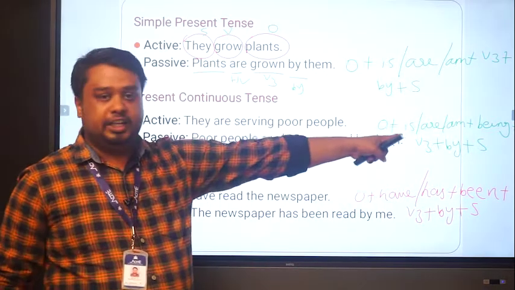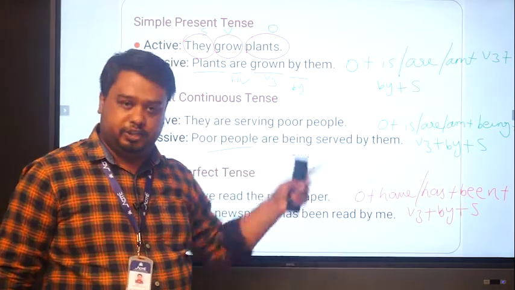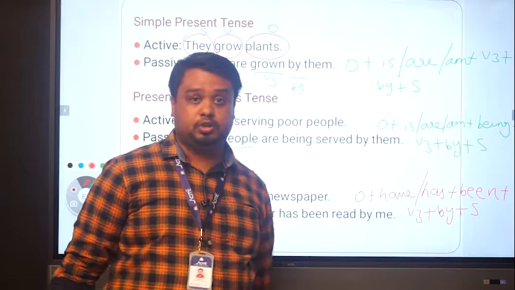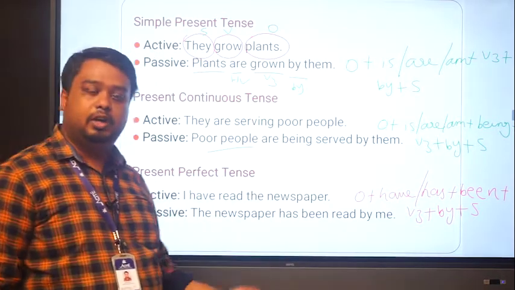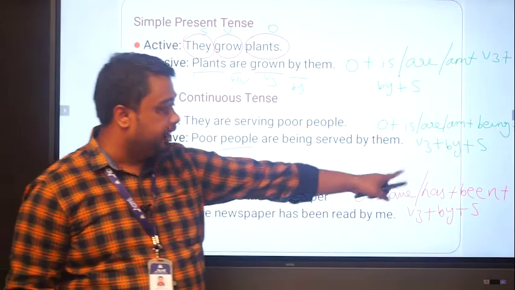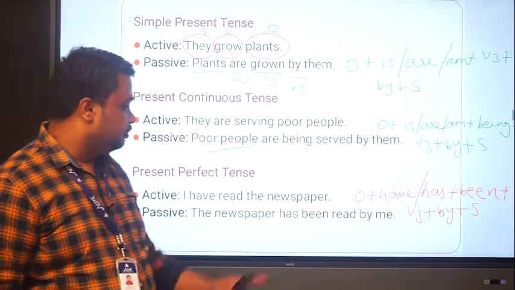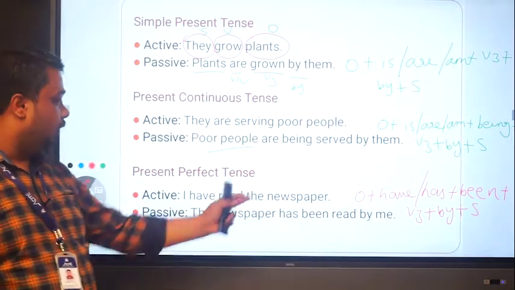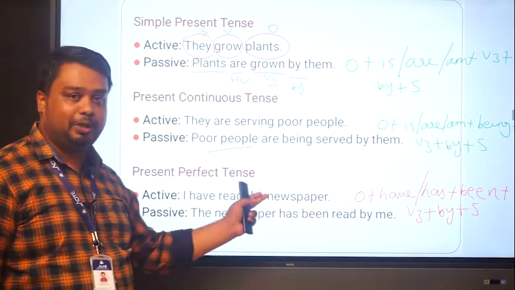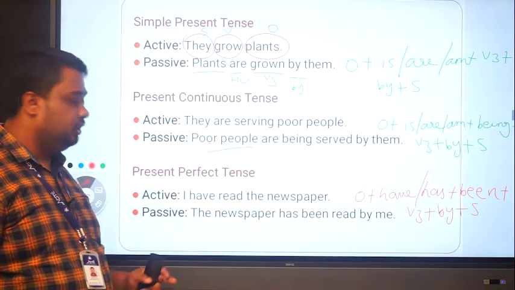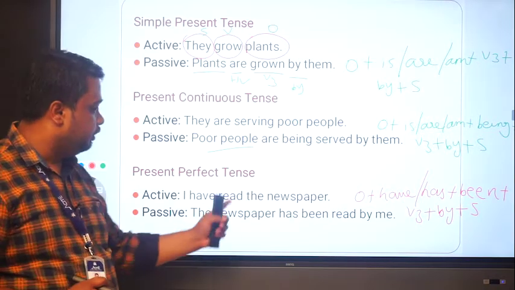Remember, being is used for continuous tenses and been is used for perfect tenses, even for present perfect or past perfect. Remember, okay? So have or has depends upon the object. Here the object is newspaper. The newspaper is in singular form.